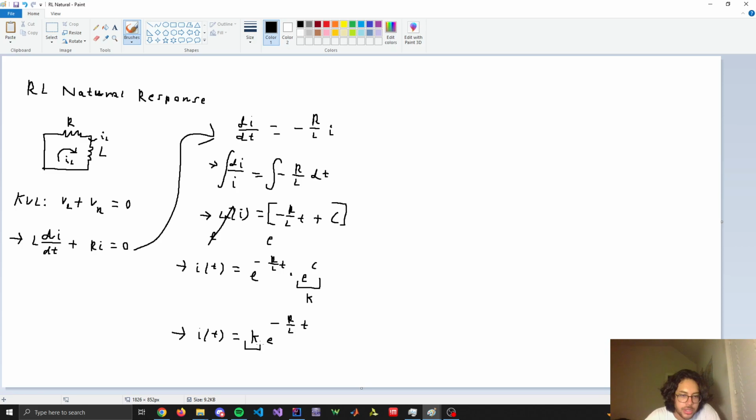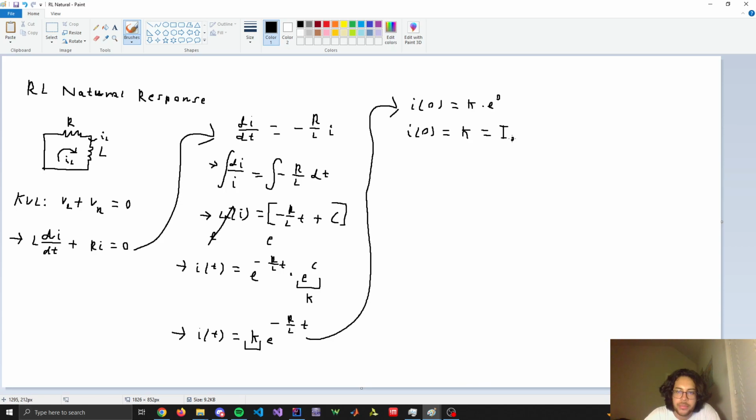And remember, to solve for k, we just evaluate the function at 0. So I of 0 is equal to k times e to the 0, which is 1. So the initial current through the inductor is also the constant k itself, which I'll denote by I sub 0.